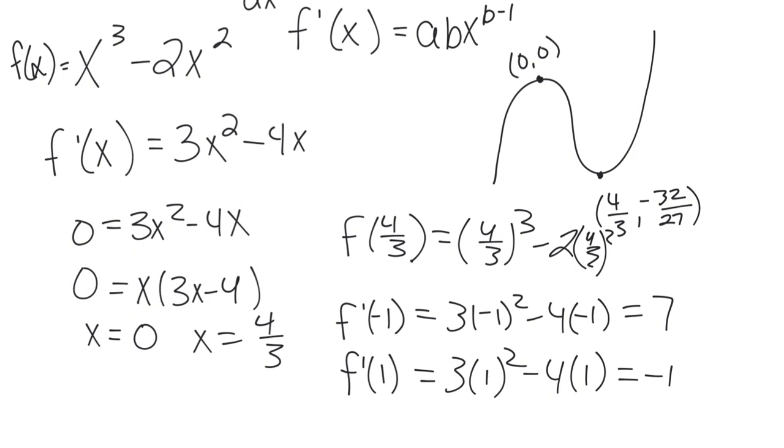So if they want to know if it's increasing or decreasing, all you have to do is plug it into the first derivative, and it'll tell you just by whether it's a positive or a negative sign. So if I go beyond that, like 2, 4, once again I got positive, and that is on an increasing interval.